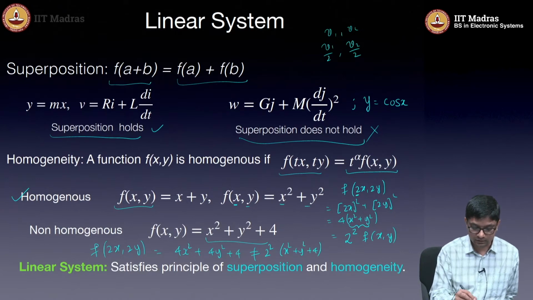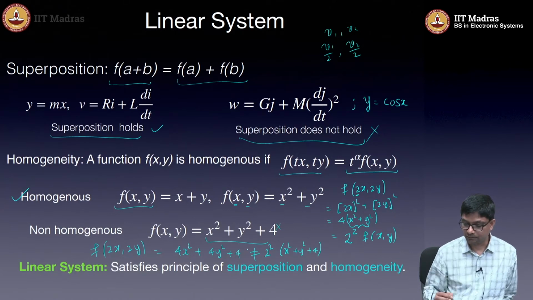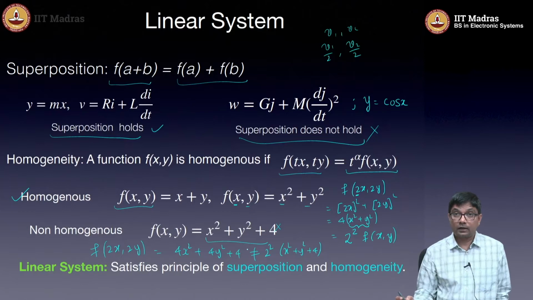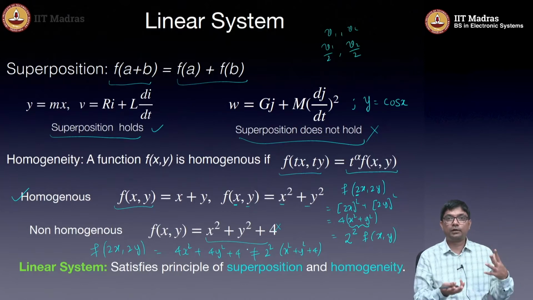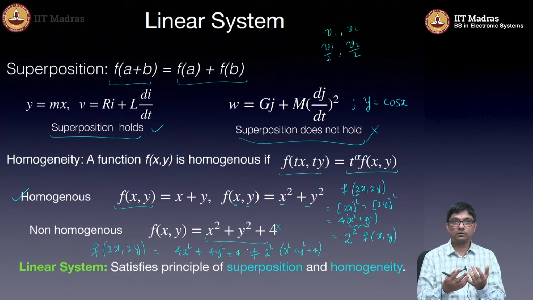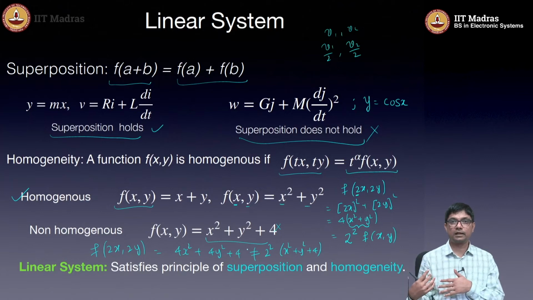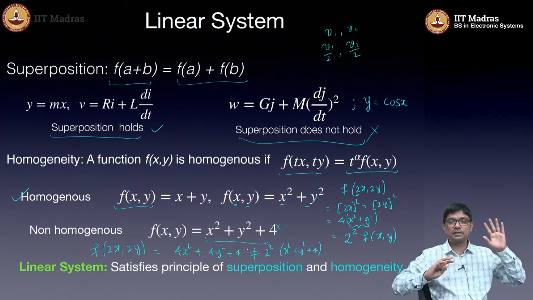So this function is not homogeneous. Now I see some input-output relations or systems which satisfy both superposition and homogeneity, and some which do not. So you can see there is some classification here.